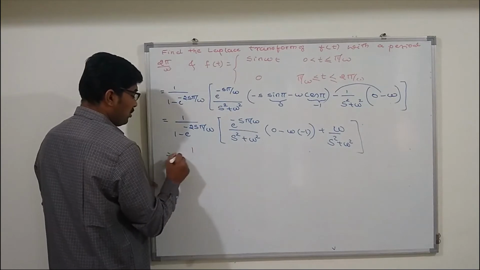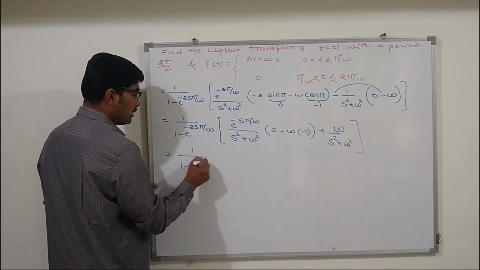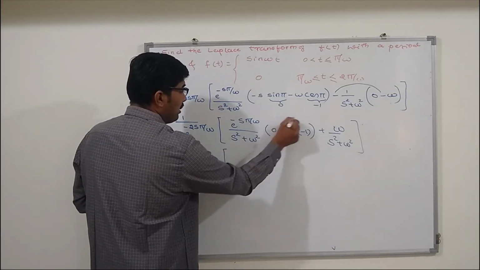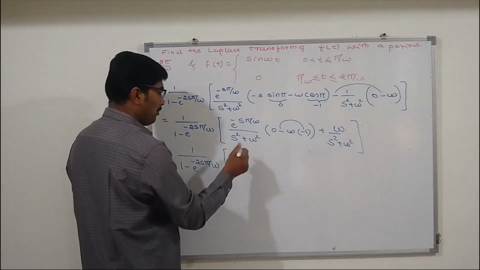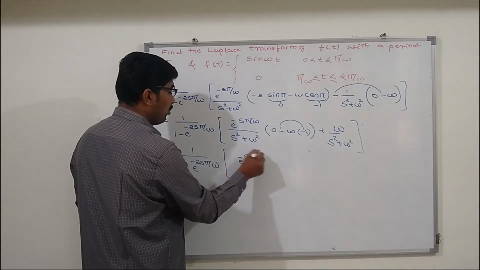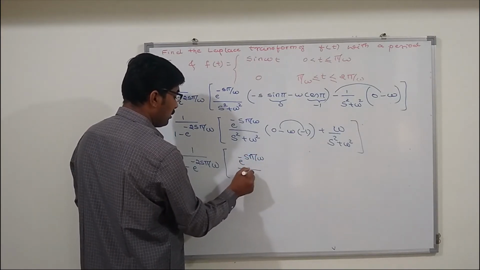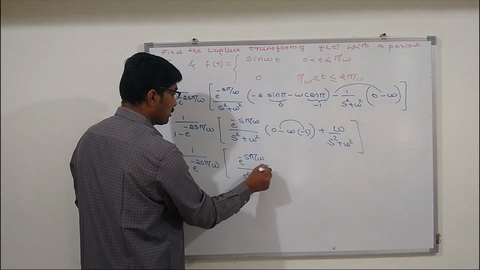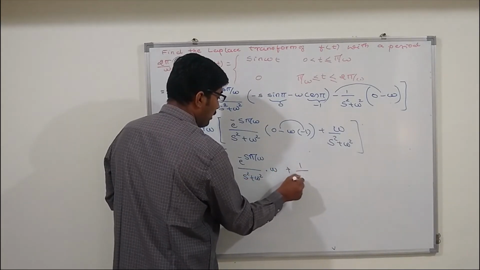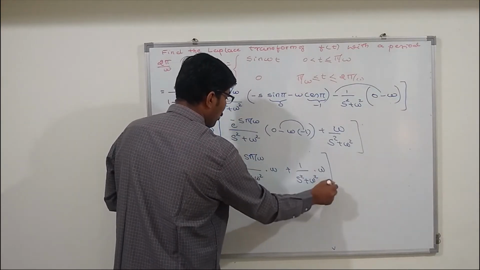This is equal to 1 divided by 1 minus e raised to minus 2s pi by omega into bracket. If you simplify here, minus into minus is plus omega. So you will get e raised to minus s pi by omega divided by s square plus omega square into omega plus 1 divided by s square plus omega square into omega.